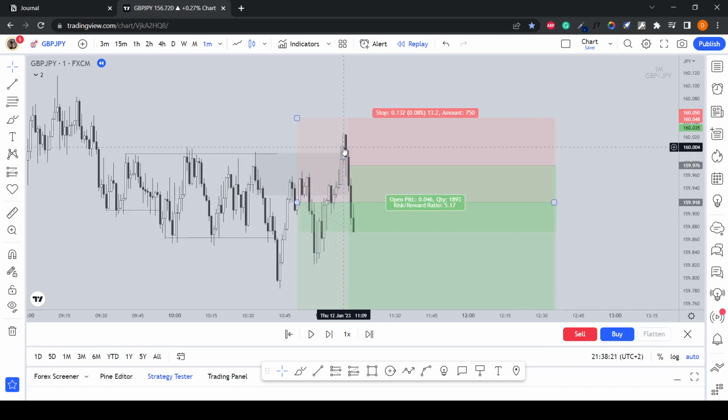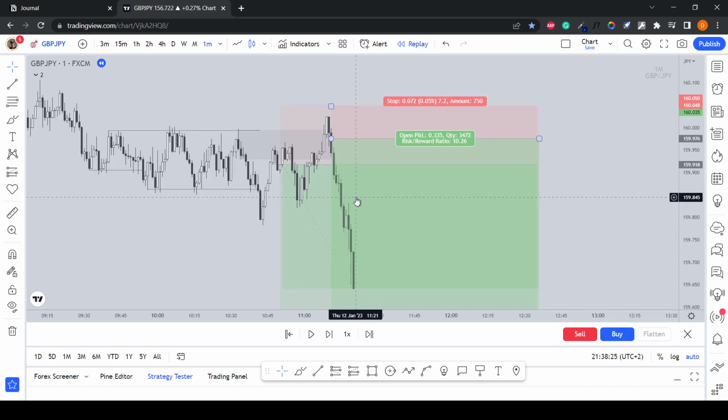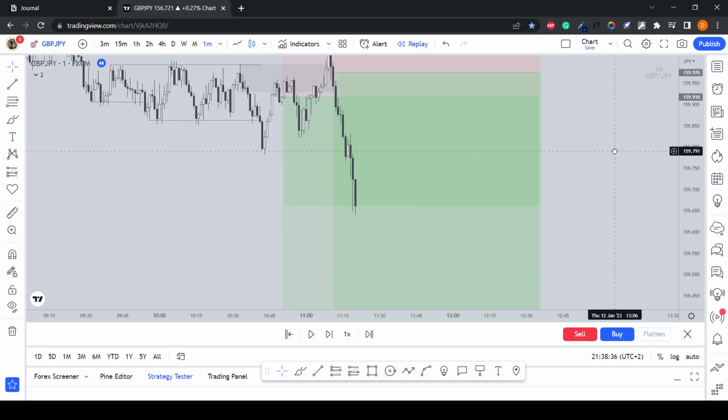From here price started to fall, and at this point I moved my stop loss here, so I was waiting for more moves against me because of the nature of the timing.